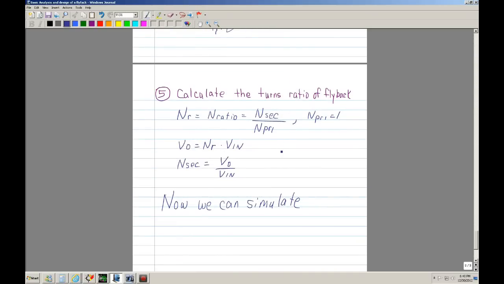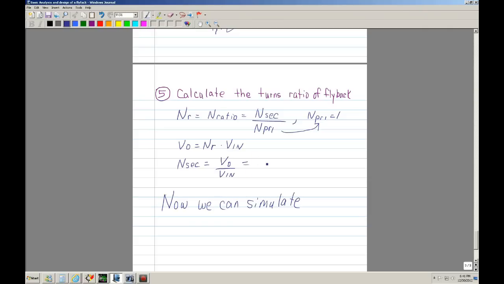The last thing is we need to calculate the turns ratio. The turns ratio, NR, is the turns of the secondary divided by the turns of the primary. We also know that V out is equal to the turns ratio times V in. So the turns ratio is V out divided by V in.